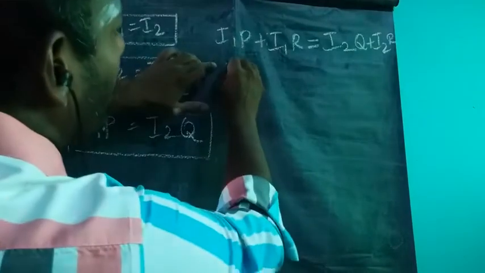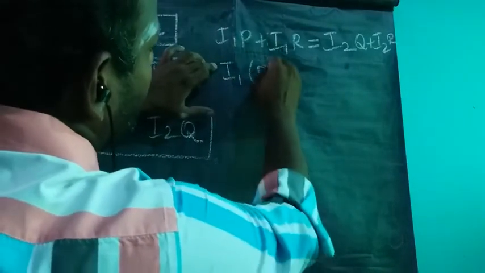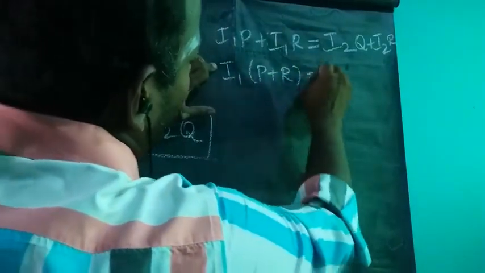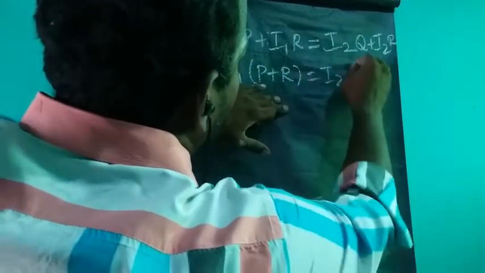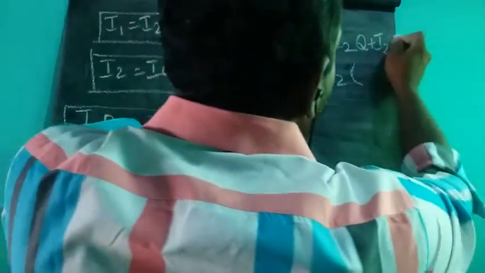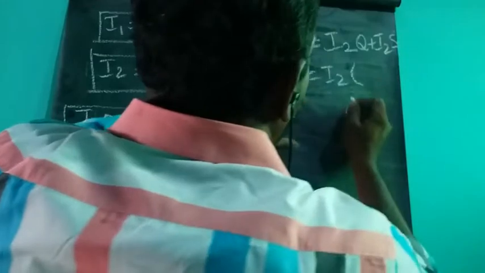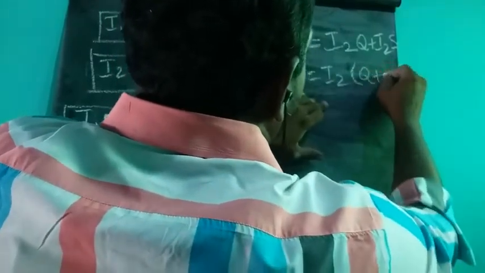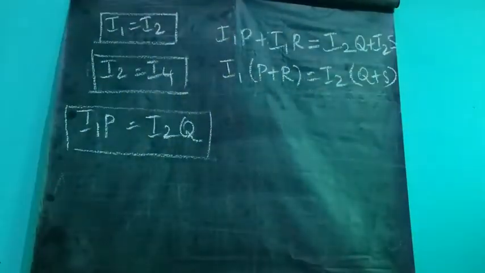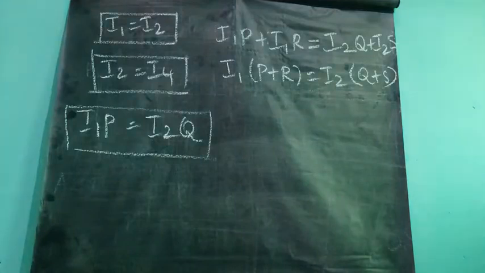So let me take I1 as a common term, that is P plus R, which is equal to I2 times Q plus S.